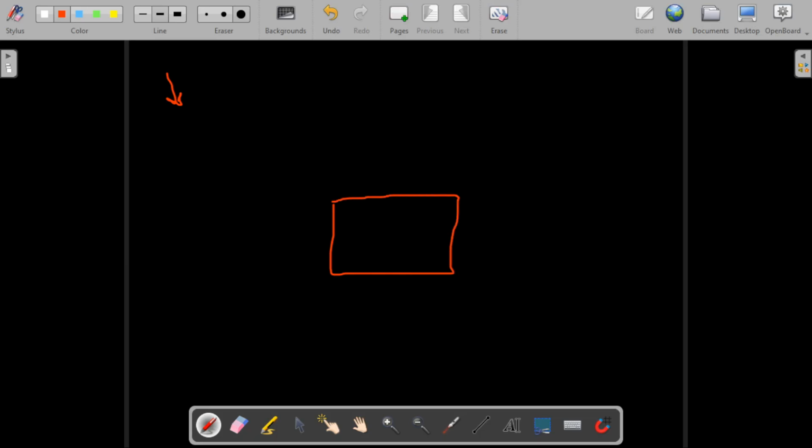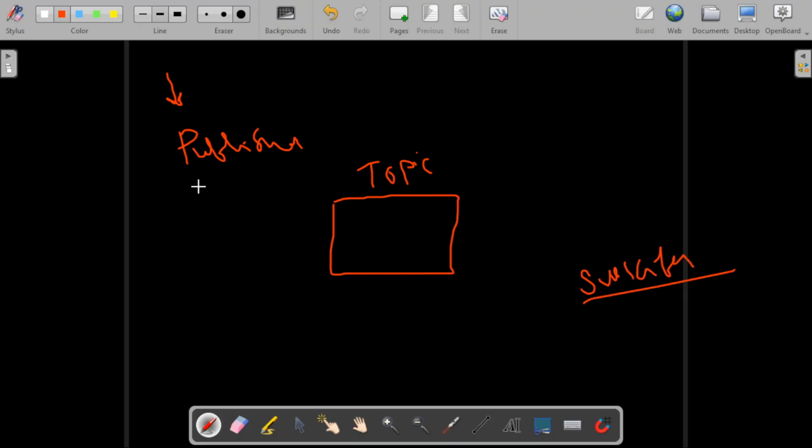Let me create a wall called topic, right? And we have publishers and we have subscribers. These terms sound new, but no need to worry right now. Just try to understand as much as you can, because anyhow we are going to cover all these in depth when we are dealing with Cloud PubSub.